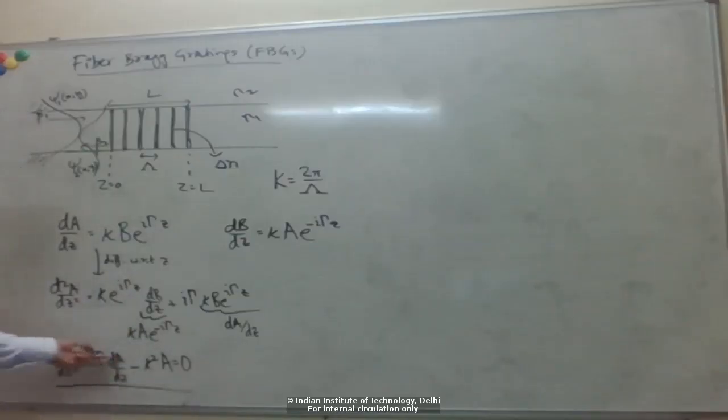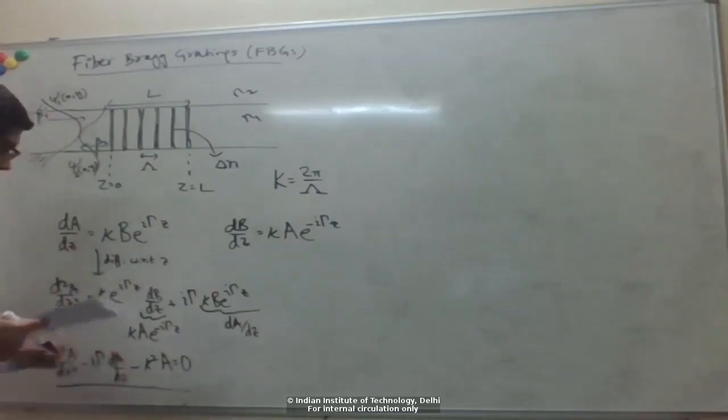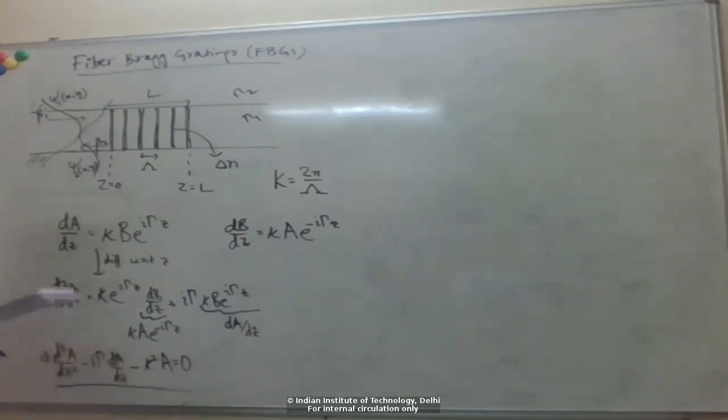We had a similar equation for the directional coupler, remember. But there are some small differences here. The sign is different. If you go back and check, the sign was plus instead of minus. But we can go ahead and again solve this in a similar manner. So again, it's a linear differential equation of some polynomial order.